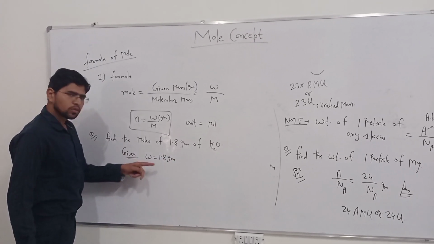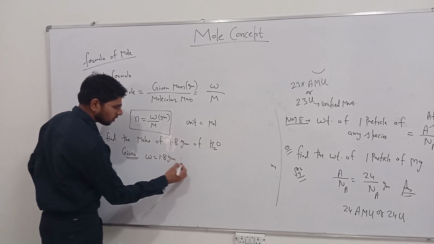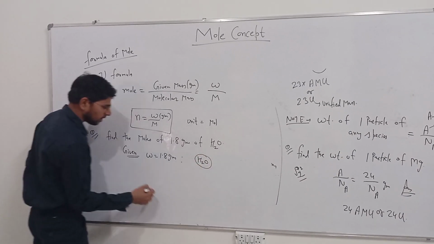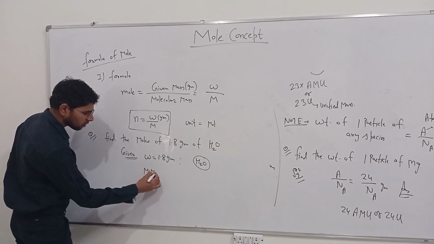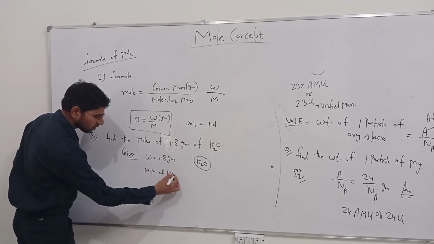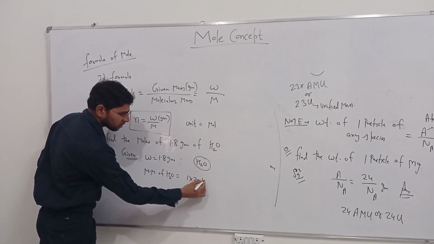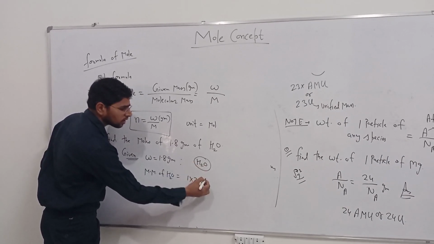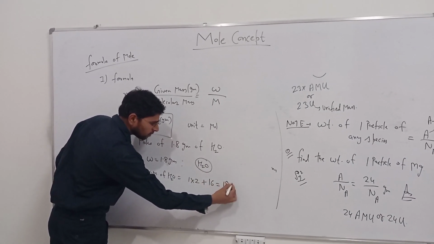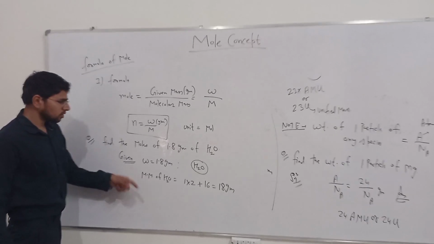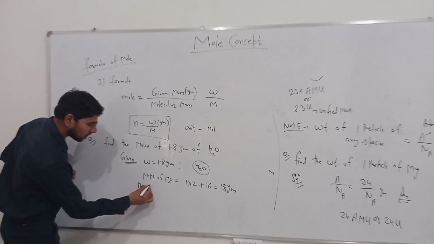The compound is H2O. Then the molar mass of H2O is 1 into 2 plus 1 atom of oxygen 16 gram, so it will become 18 gram. We have to find n.